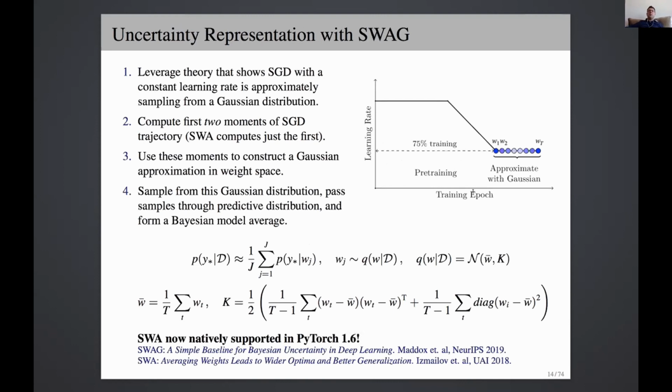So the first step in this direction was actually to derive an optimization procedure which would provide better generalization. The idea is that we would start at a standard sort of learning rate, and then we would decay as usual, but we would actually decay to a relatively high constant learning rate or a cyclical learning rate. And the reasoning here is that normally when we run SGD, we actually converge to the periphery of a set of low-loss solutions.